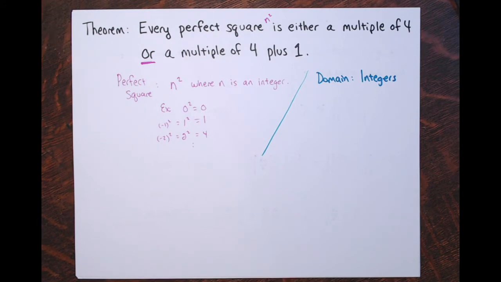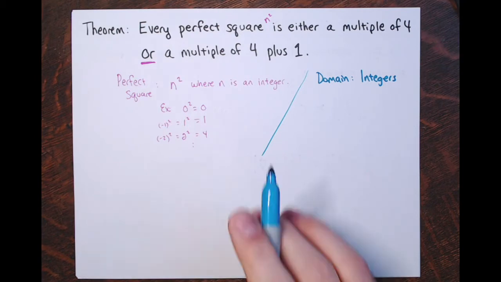You could break it up into all the multiples of 3, all the multiples of 3 plus 1, all the multiples of 3 plus 2, in those 3 groups. Or all the multiples of 4, all the multiples of 4 plus 1, plus 2, and plus 3, into 4 groups, and so on.